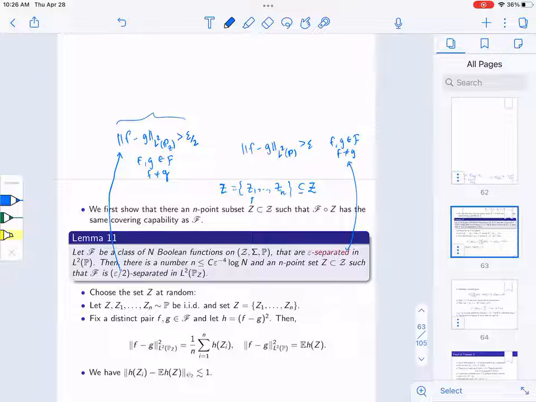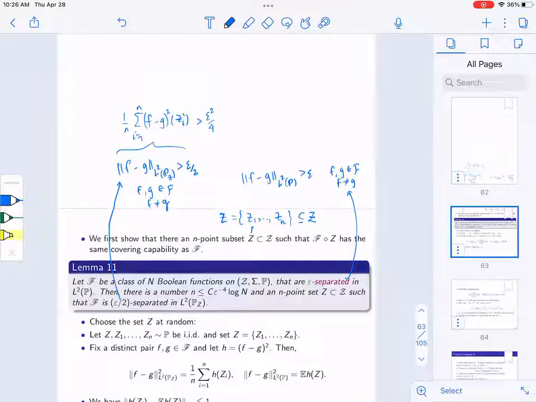Rewriting it, if I square it, it's 1 over n summation of f minus g squared at z_i, i from 1 to n, bigger than epsilon squared over 4. And this is just saying the integral of f minus g squared dP(z) is bigger than epsilon squared.